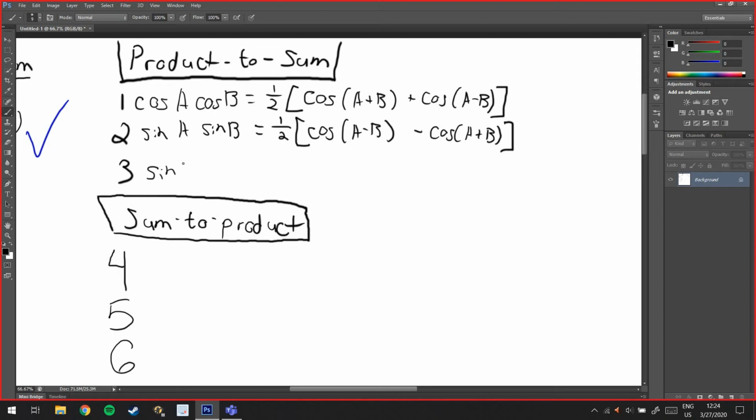So we'll have sine A times cosine of B. Again, we're going to have a half. And this time we're going to have sine on the inside of the brackets. So it's going to be sine of A plus B plus sine of A minus B.